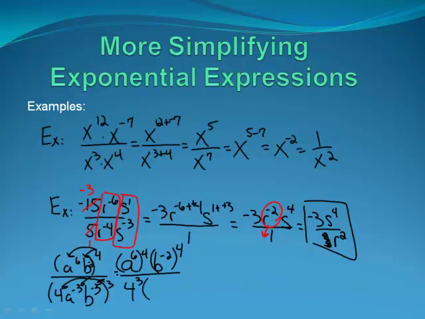We're splitting out that power of 3 on the outside, times a to the negative 3rd cubed, times b to the negative 3rd cubed. All right, powers to powers multiply, so let's do that.